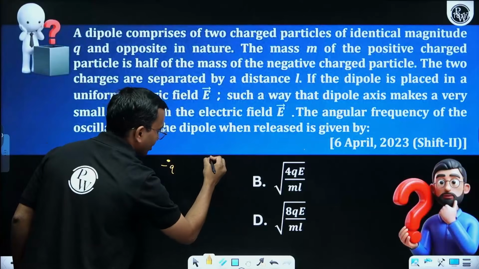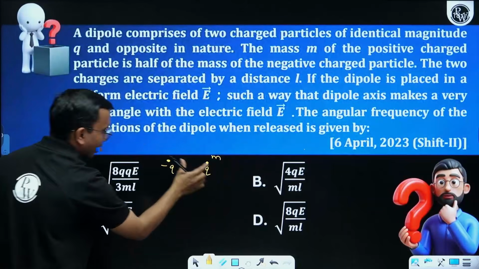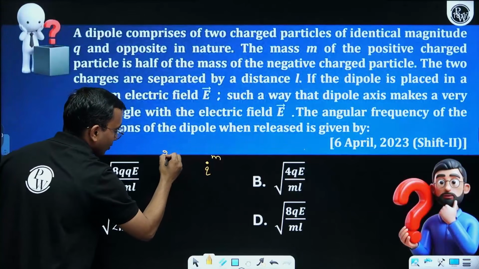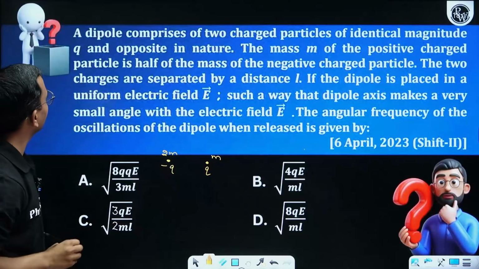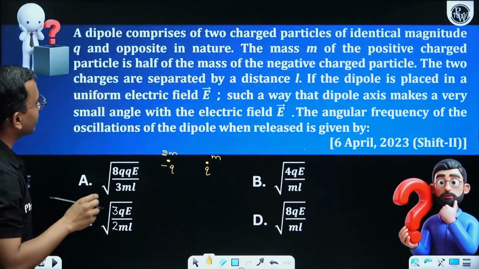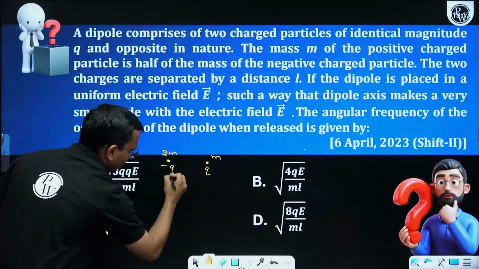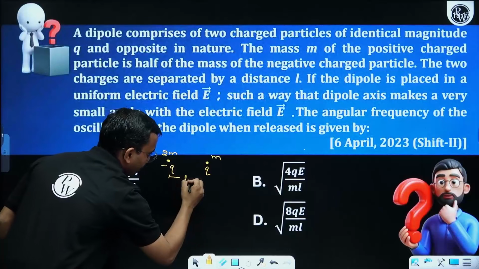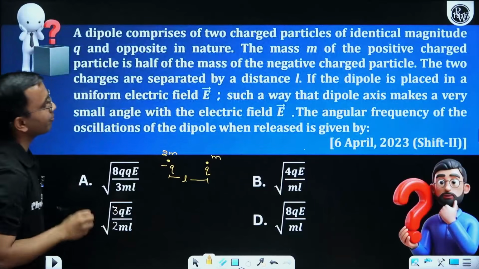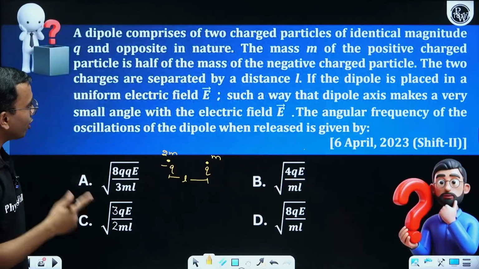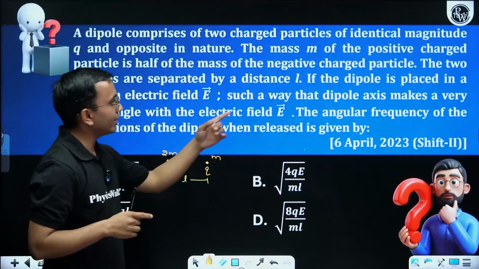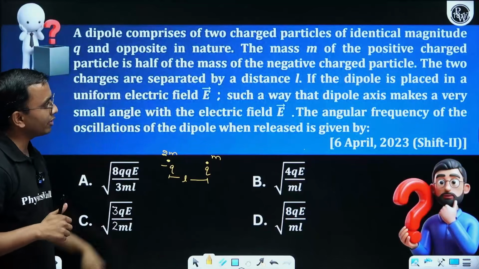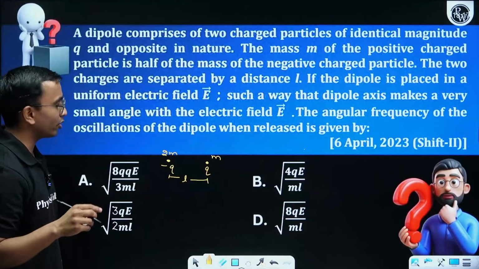Positive charge particle mass is given as m, and the negative is 2m. The two charges are separated by a distance L. If the dipole is placed in uniform electric field E in such a way that the dipole makes a very small angle with electric field, the angular frequency of the oscillation is.